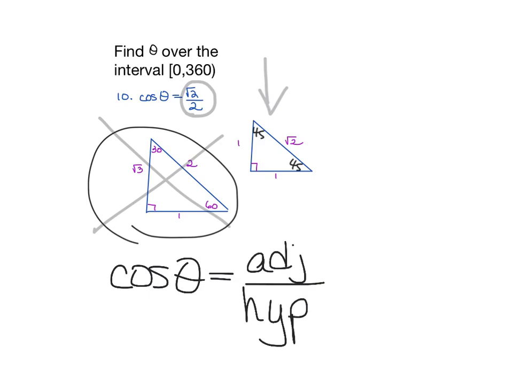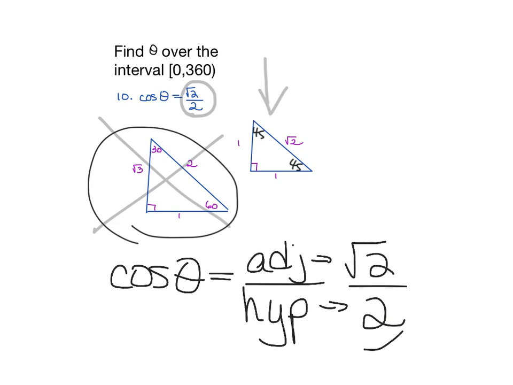When it's the 45, 45, 90 right triangle, I really don't need to go through this process. However, for the 30, 60, 90, we will. So if I have my fraction here and I put it next to it, this is telling me that my adjacent side should be root 2 and my hypotenuse should be 2. But notice in the 45, 45, I don't have those numbers.